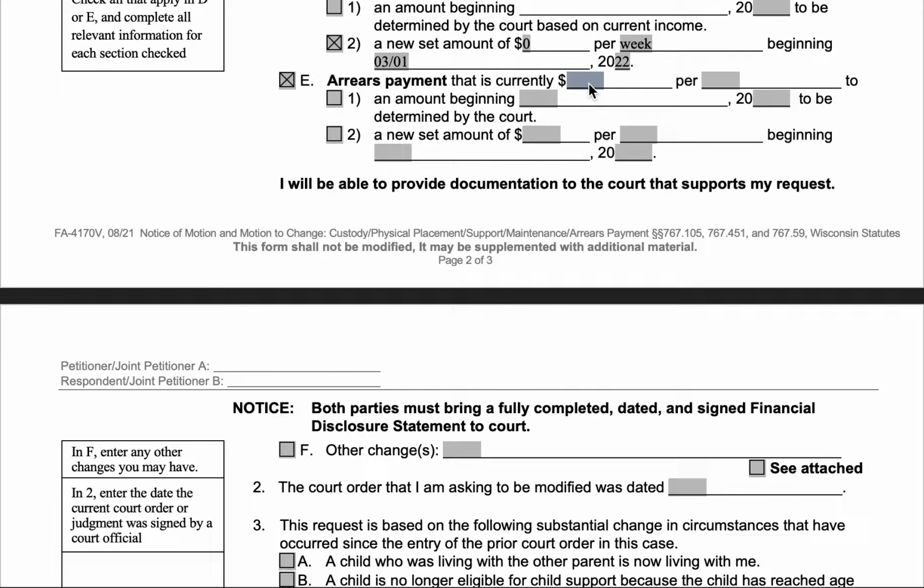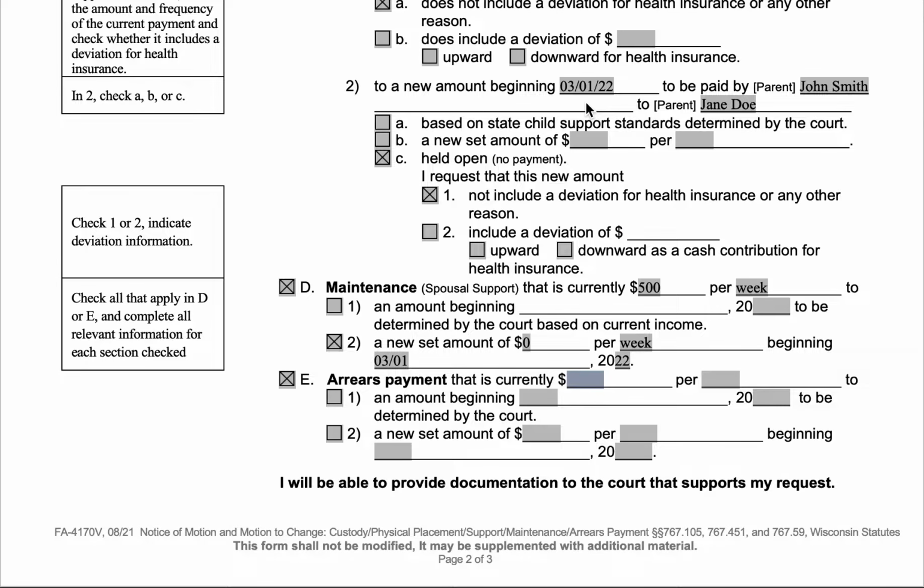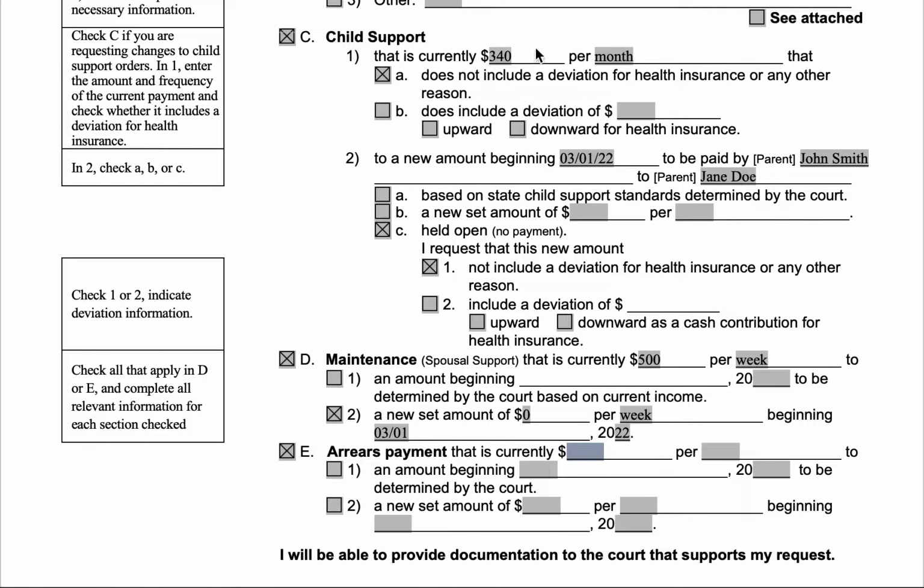A lot of people will make the mistake here of either, again, putting the balances, or putting the whole amount that's getting pulled from their paycheck. So for example, we've looked at this and we said John was paying Jane $340 per month in child support.